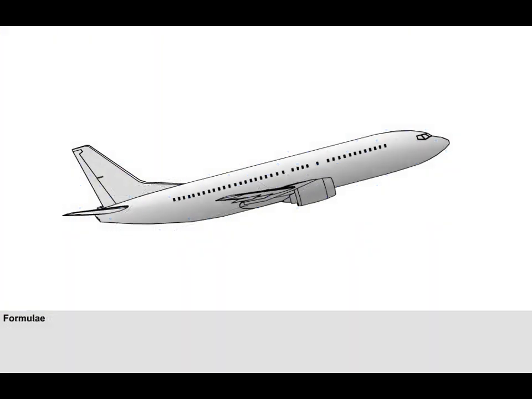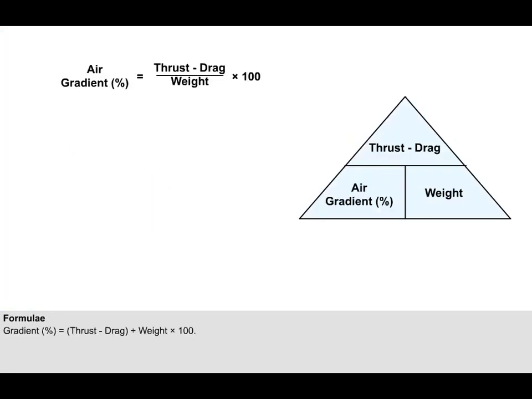The last part of this lesson will deal briefly with some of the formulae you have seen so far, and how to rearrange them to suit various scenarios and questions. This first formula is the formula for the gradient of climb. The triangle on the right is a useful tool to help you rearrange the formula for any required situation.